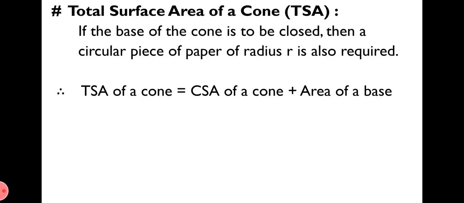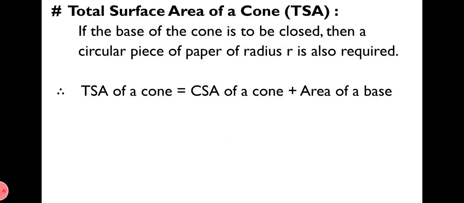Now you know that a cone is made up of two shapes, that is one triangular part and one circular part. So we take the summation of two things as the total surface area, because total surface area is nothing but the sum of the areas of whatever shapes are used to make that given solid. So we take one triangular part and one circle.